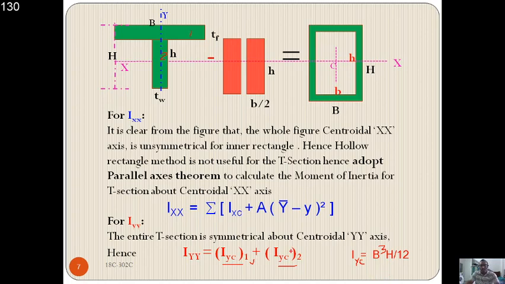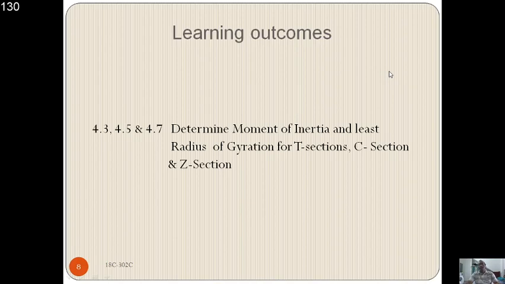If it is the 2, simply substitute the values for 2. Then by summation you will get the total figure Iyy. So this is the simple calculation procedure for the symmetrical axis, about Iyy. So with this prior knowledge, let us find the moment of inertia and least radius of gyration for T sections, channel sections and Z sections.